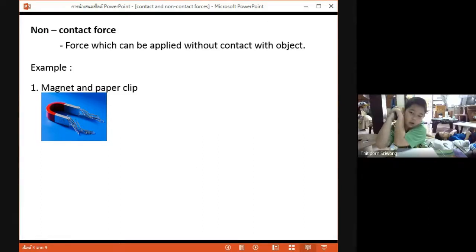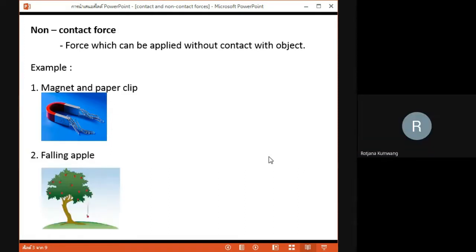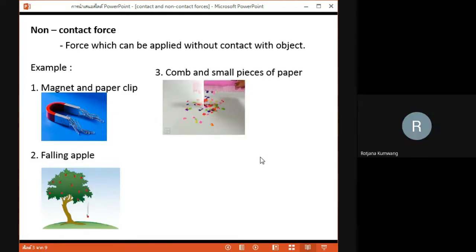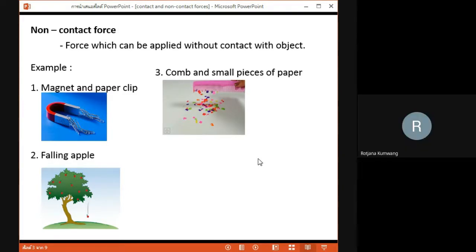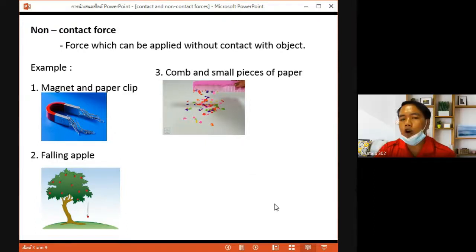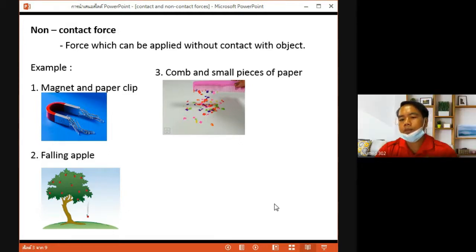You must listen first. Those who don't have a paper clip can use example number 3, the comb and the paper. You can do that at home and observe. Understand? That is your homework.